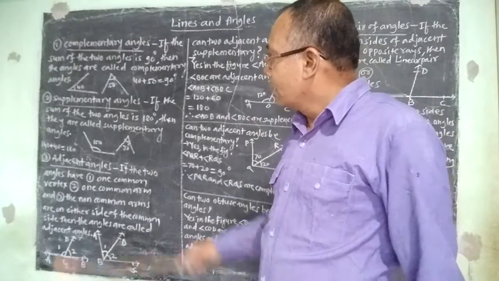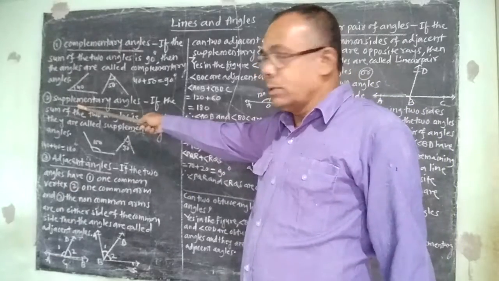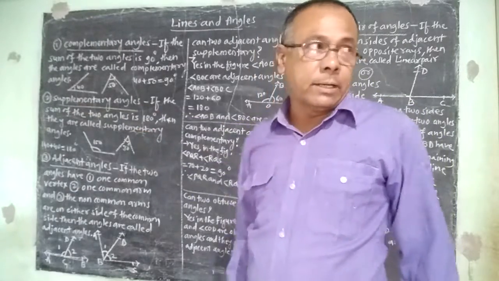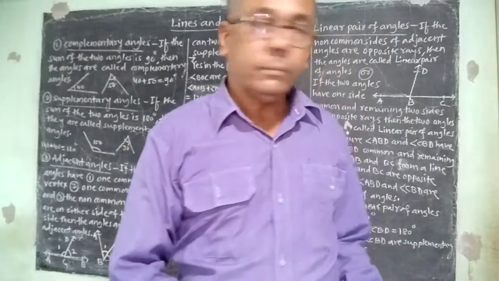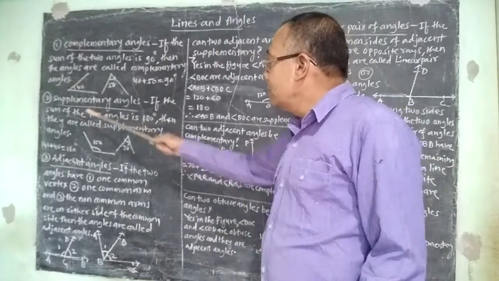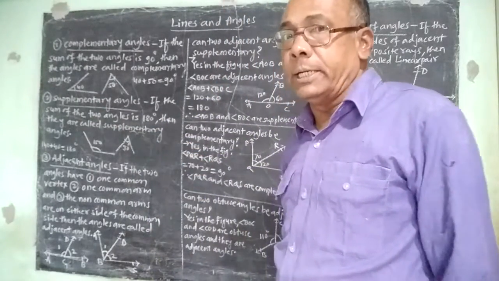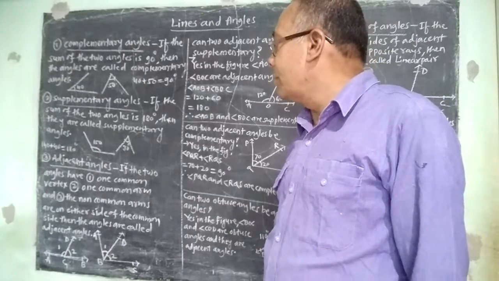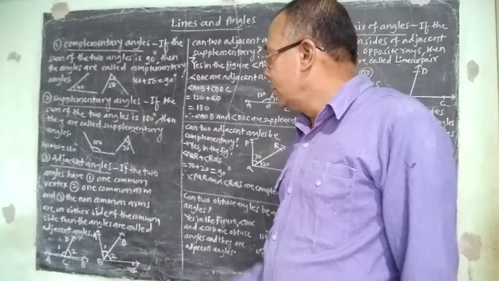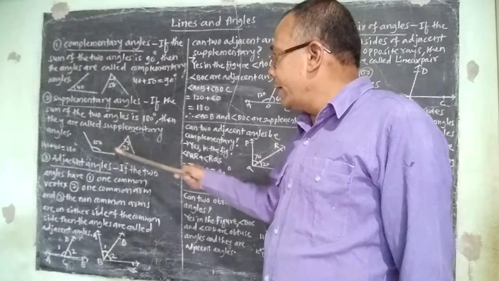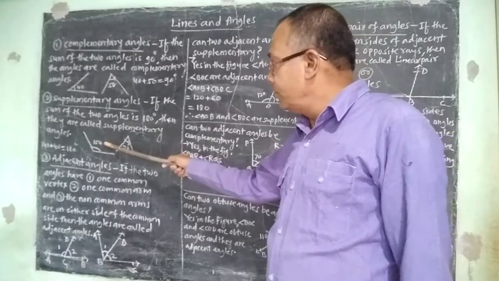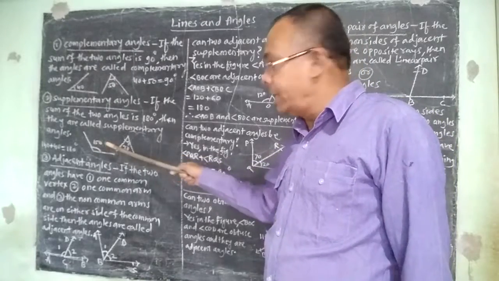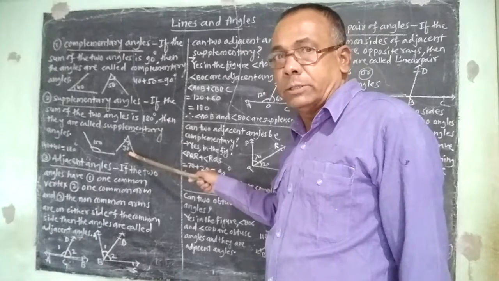Now the second is supplementary angles. If the sum of the two angles is 180 degrees, then the two angles are called supplementary angles. Here one angle has measure 150 and the second angle has 30 degrees.